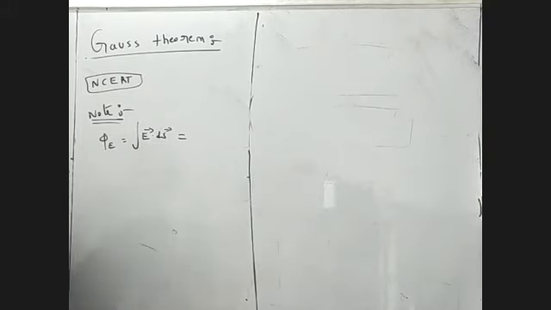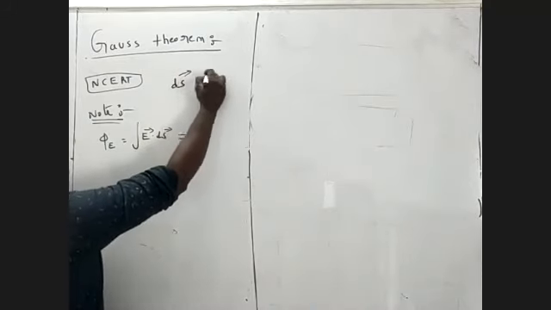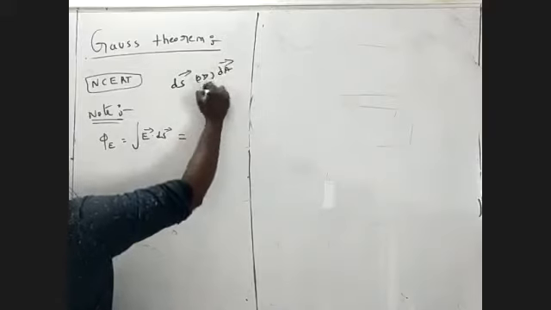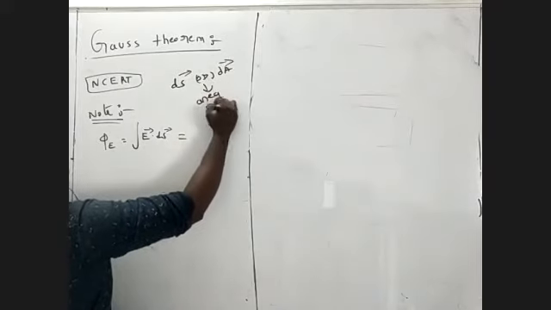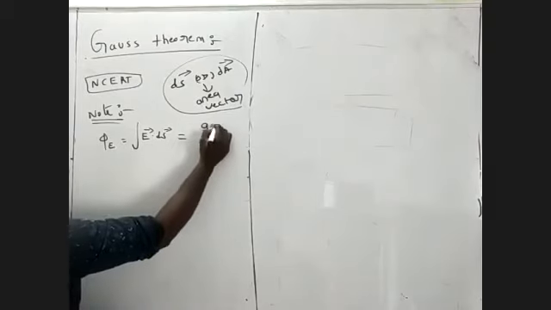We can also take dA bar, whatever. ds bar or dA bar, both are area vectors. This is equal to Q enclosed by epsilon naught.